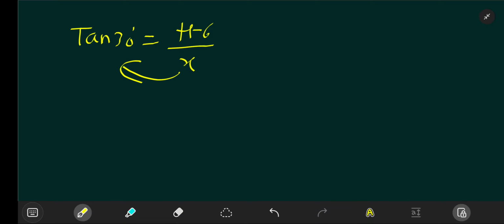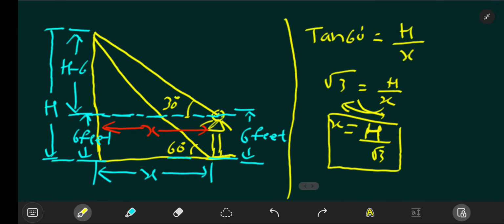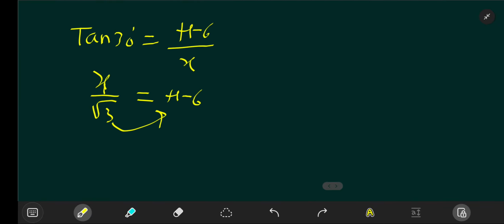Tan 30 degrees is 1 by root 3, so 1 by root 3 multiplied with x equals h minus 6. We already know x is h by root 3, so h by root 3 whole divided by root 3 equals h minus 6.